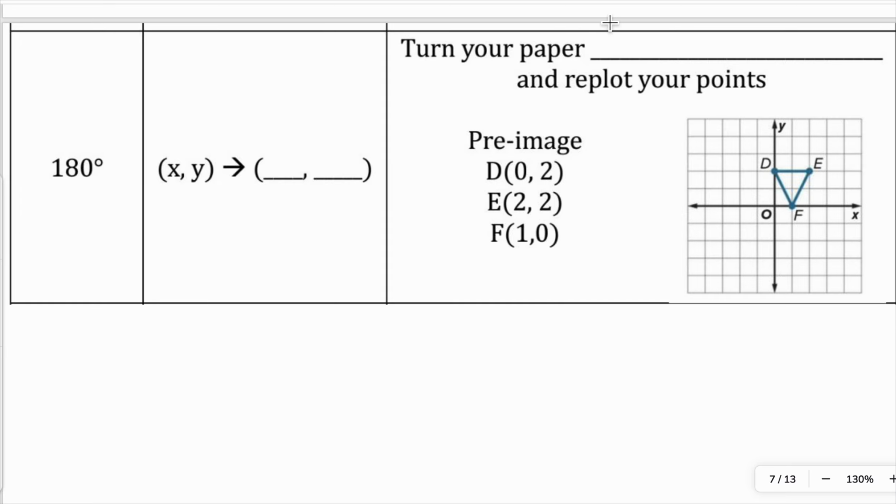180 degrees, that is just turning your paper upside down and replotting your points. So pretending I turned this paper all the way upside down, and then that would mean 0, 2 would end up here for D prime. E is at 2, 2, so that'd be right 2, up 2.